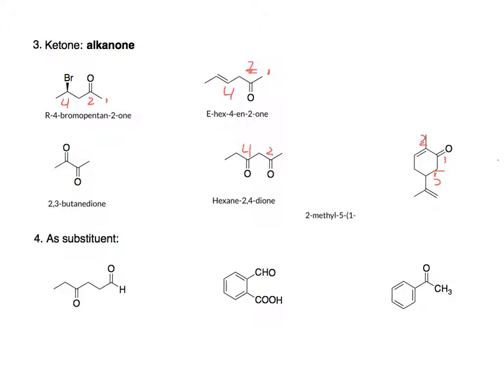So there is a methyl on carbon number 1, and this molecule is a cyclohexene with the double bond on carbon number 2, cyclohex-2-en. We also have the ketone functional group on carbon number 1 of this 6-member ring. So that's the name of this compound.